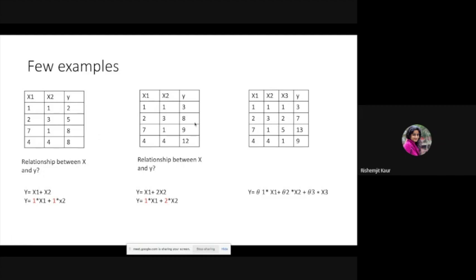But if I want to generalize this equation, can I simply write it as y is equal to theta 1 x1 plus theta 2 x2 plus theta 3 x3, right? Because when the number of variables increases, this is the generic mathematical notation that we will be using to describe the relationship between input and the output.